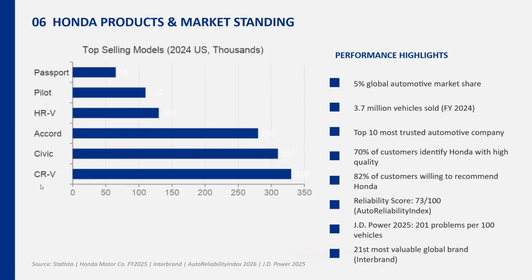The CR-V, which we've all seen on the roads, led Honda's US sales in 2024 with approximately 330,000 units, followed closely by the Civic, which is iconic, let me say, at 310,000, and the Accord at 280,000.